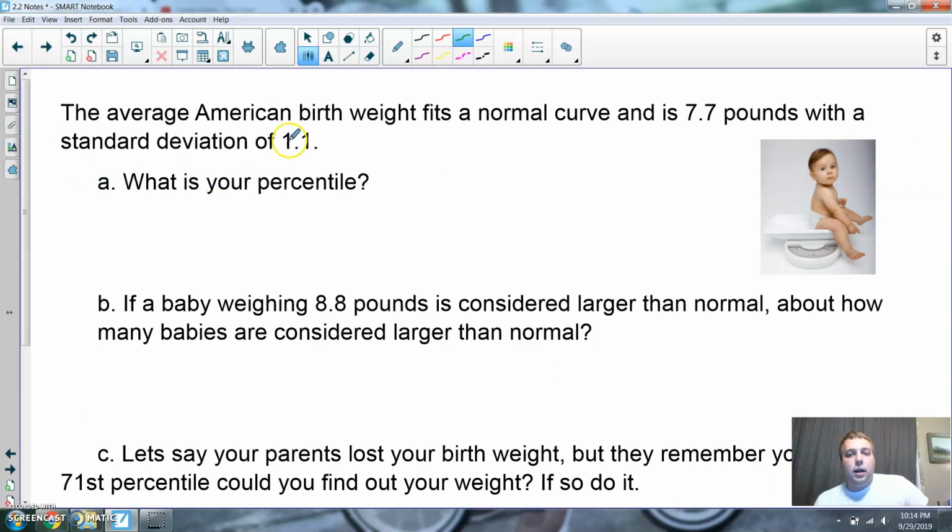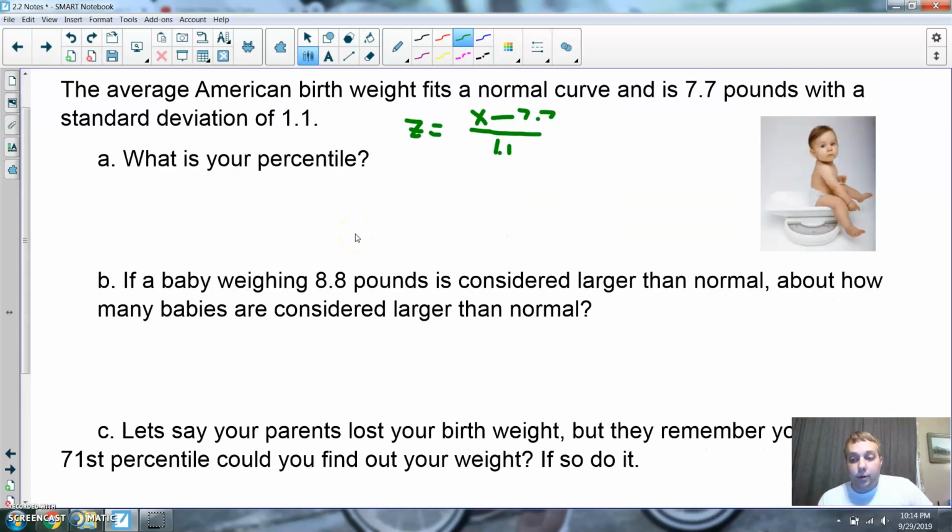First of all, how do you do your birth weight? Remember, your z-score formula is what I got minus what I should have got divided by my standard deviation. So it's going to be whatever you are for your weight minus 7.7, divided by 1.1. You'll get your z-score and you'll figure out how many people you beat.